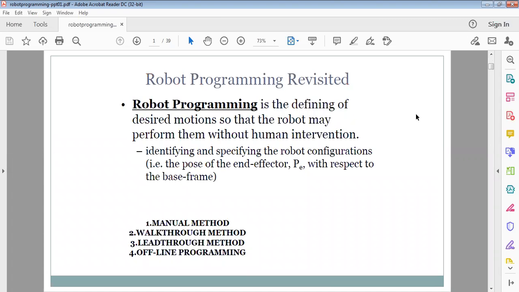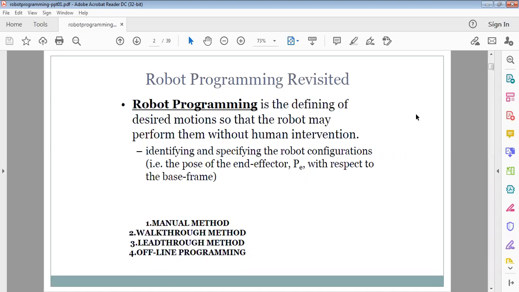Robot programming is the defining of desired motions so that the robot may perform them without human intervention. That is the main task of writing programs for industrial robots.